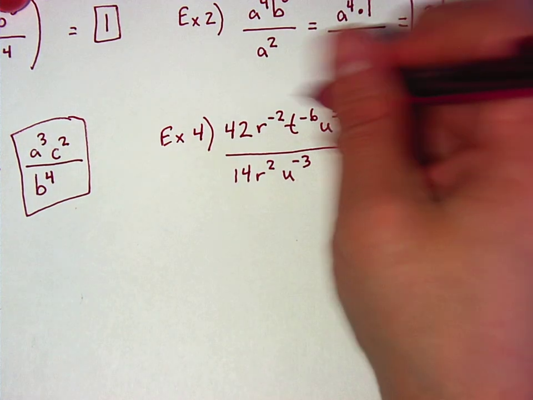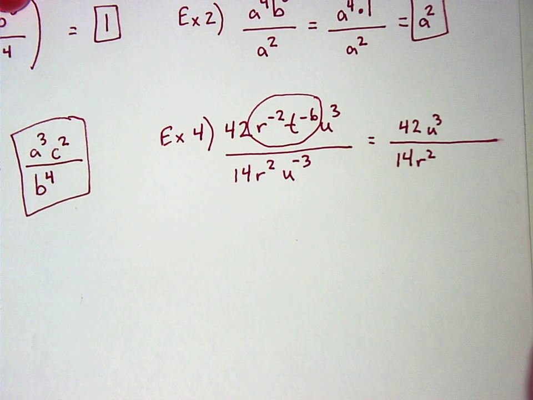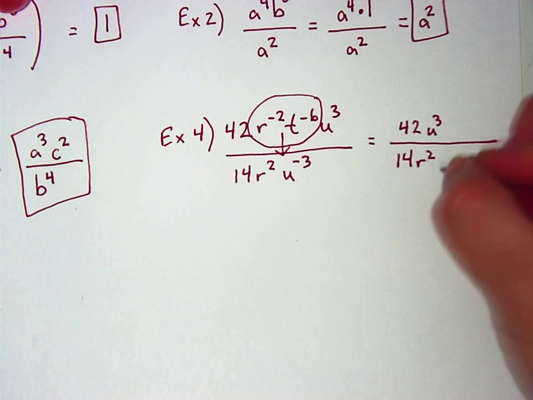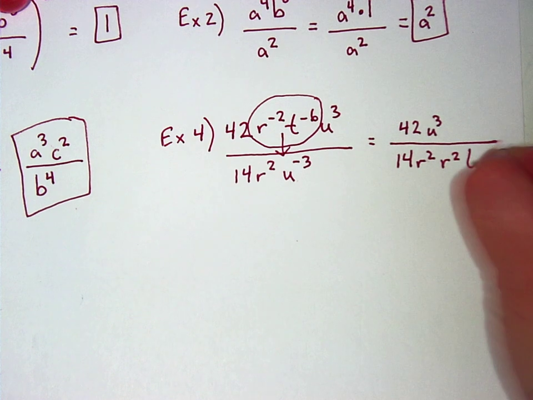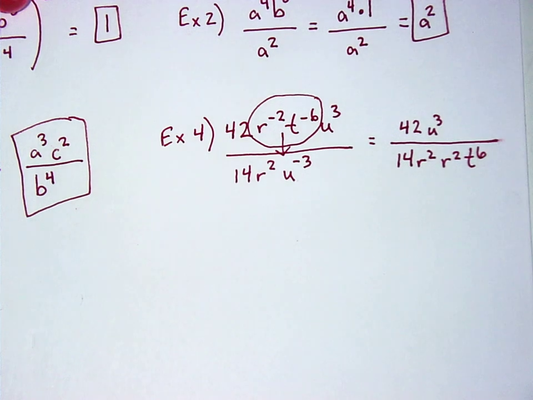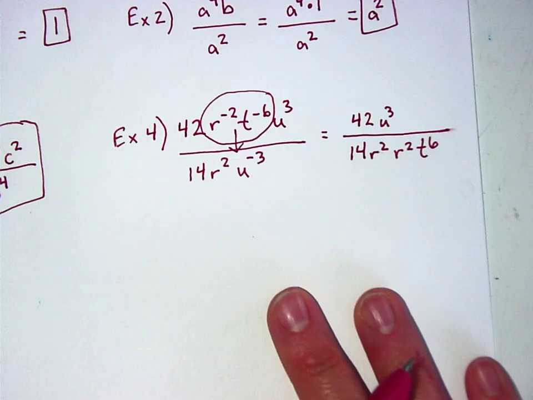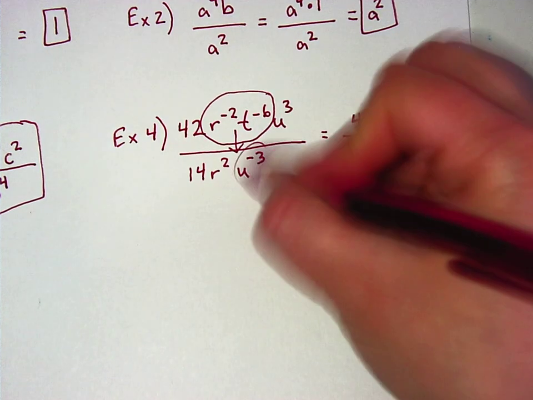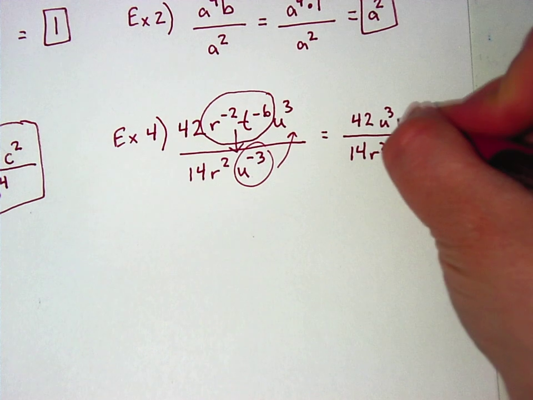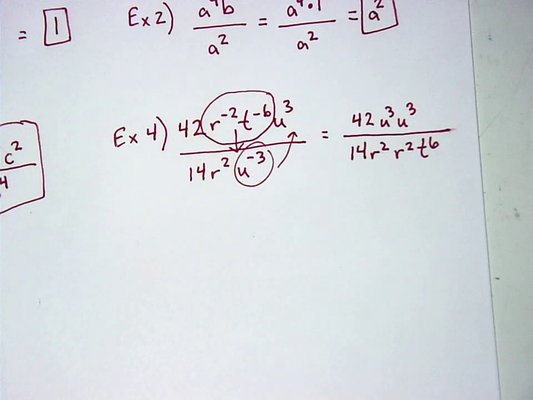Where are these two going to move? These go down. So I'm going to write r squared and t to the 6th down here. And this one has to move up, so that becomes u to the 3rd up here.